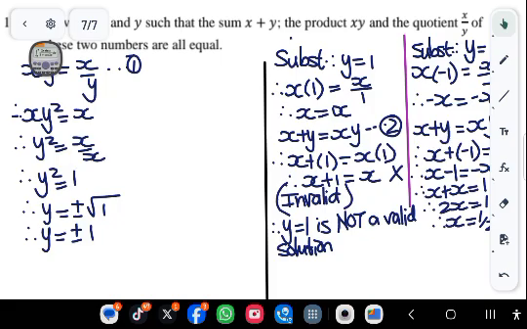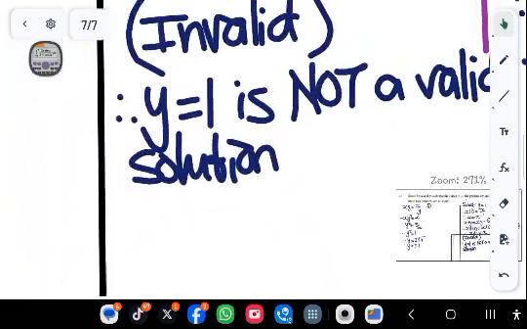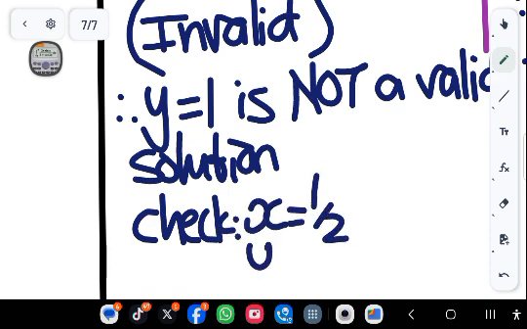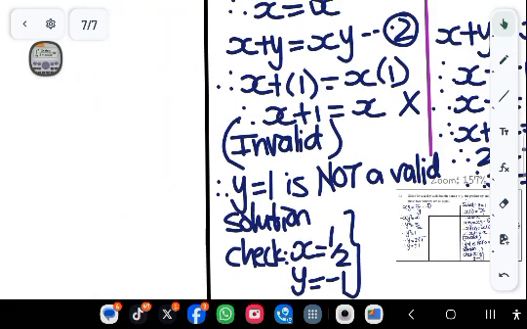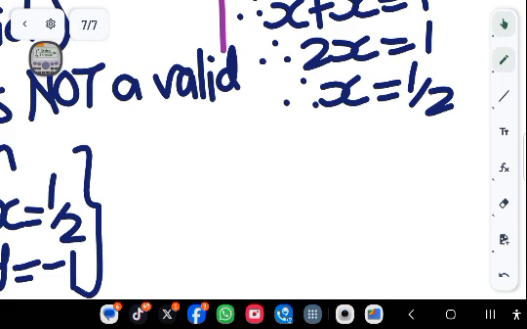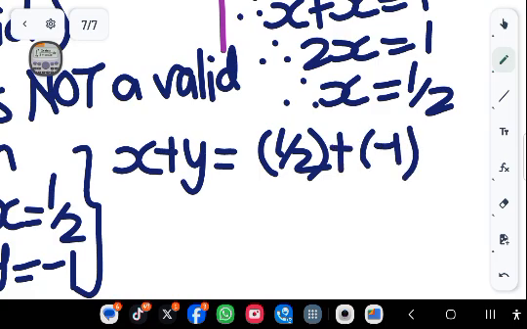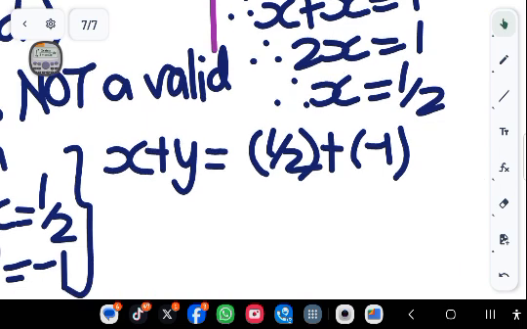Okay, let's check if it works out. x equals half and y equals negative 1. x plus y equals half plus negative 1, which is negative half.